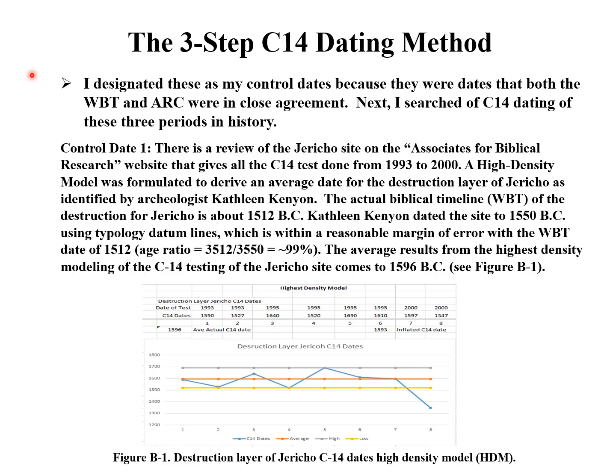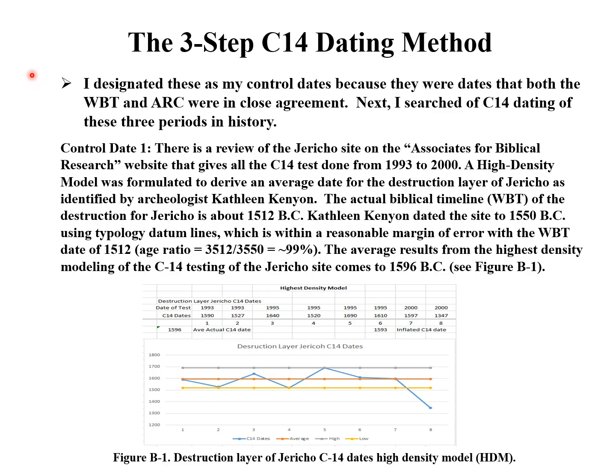So the Wallen biblical timeline date of the destruction of Jericho is about 1512 BC. Kathleen Kenyon dated the site at 1550 BC using typology datum lines, which is within a reasonable margin of error with the Wallen biblical timeline date of 1512. Average ratio looks like it's within 99%. The average result from the highest density modeling of the carbon-14 testing of the Jericho site comes to 1596 BC.